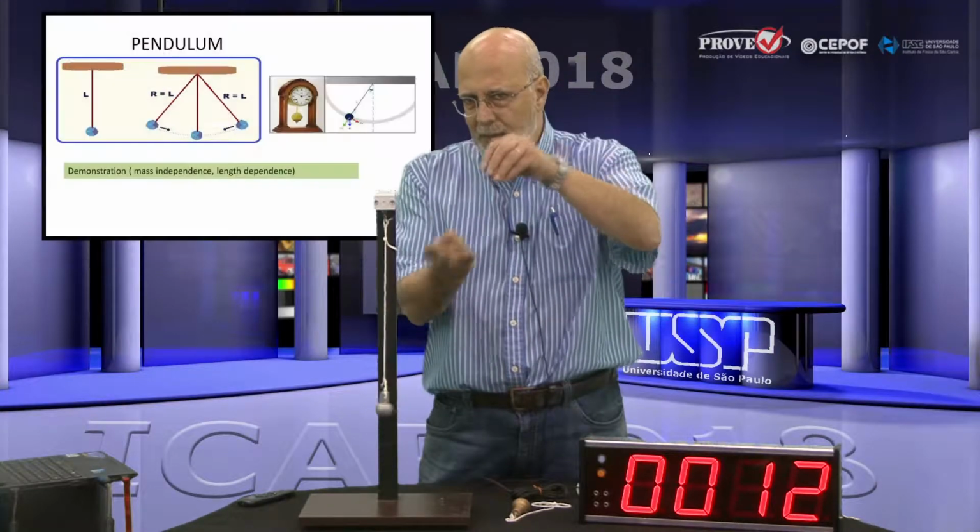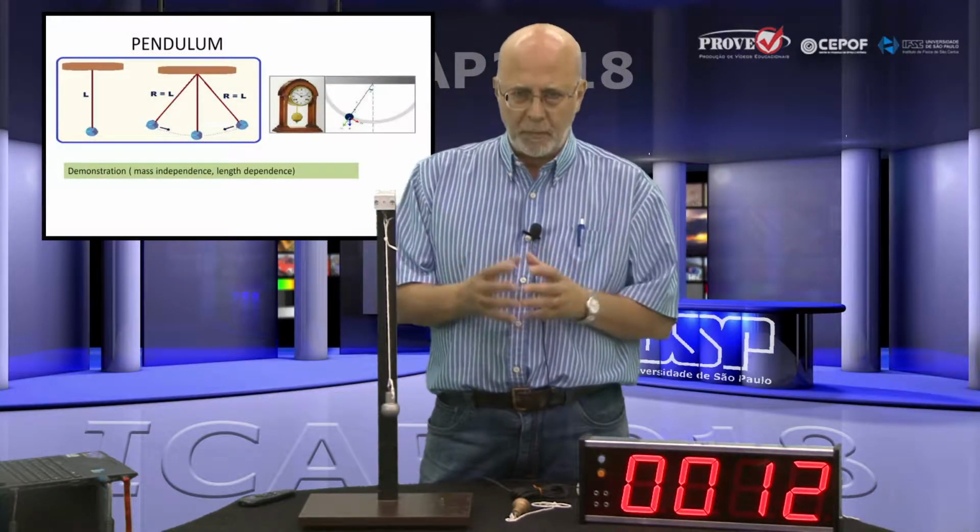Okay, so you see that 10 oscillations was 1.2, before was 1.5. So shortening the length of the pendulum makes the period smaller.